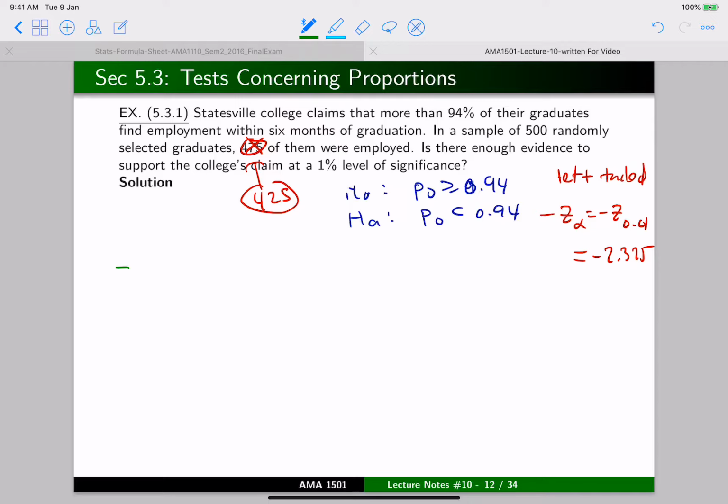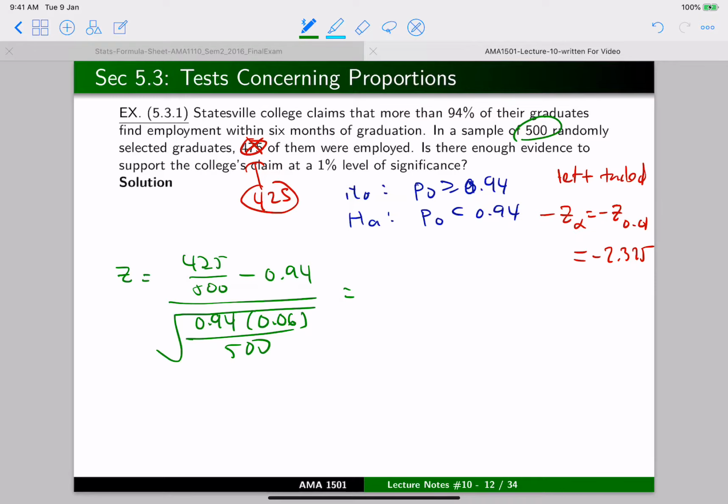Let's calculate the z statistic to see if it's to the left or right of this minus z alpha. It's the sample proportion, which is 425 over 500, minus the population proportion, divided by the square root of the population proportion times 1 minus the population proportion divided by the number of samples. Once we plug that into our calculator, we get minus 8.474. So we compare the z statistic to minus z alpha.